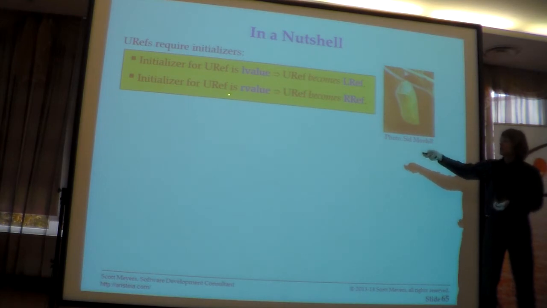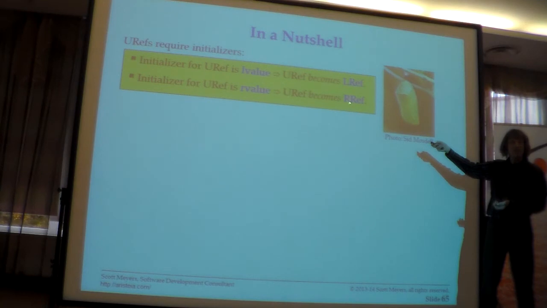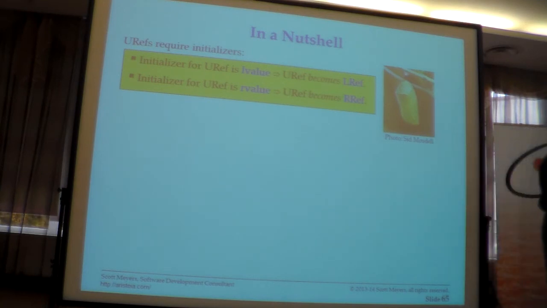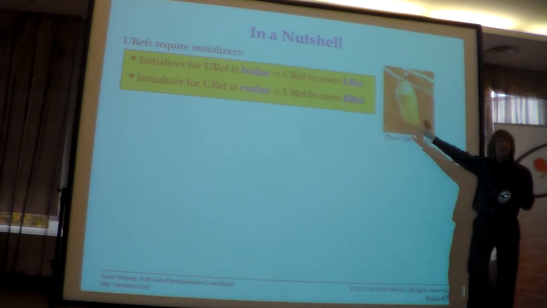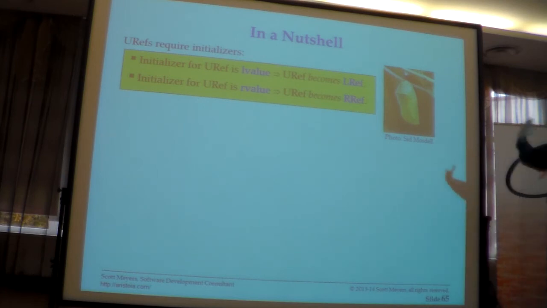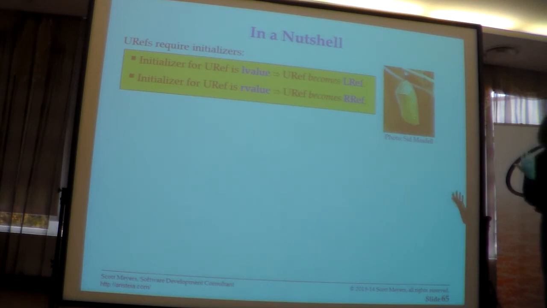If you have a universal reference and you initialize it with an R-value, it becomes an R-value reference. You can think of a universal reference as something sort of like the chrysalis of a butterfly. The chrysalis of a butterfly, eventually it's going to become something, but it hasn't become that yet. A universal reference will become an L-value reference or an R-value reference, but until you see how it's initialized, you can't know which one.